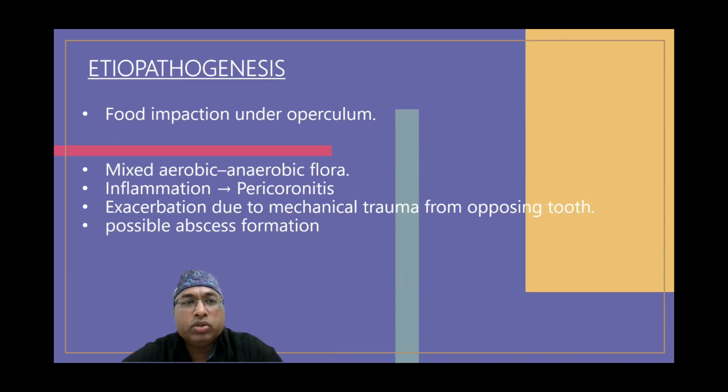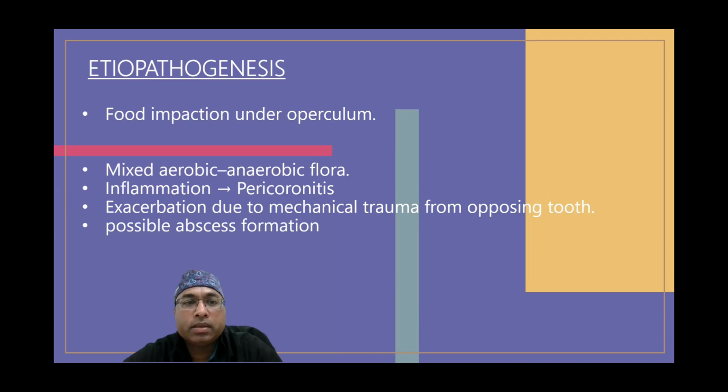The most common source of infection is food impaction under the operculum, where there is food lodgement under the pericoronal flap, the gap that is present between the tooth and the pericoronal flap. The flora is normally a mix, that is a combination of both aerobic and anaerobic bacteria. And when the tissue is inflamed, it leads to a condition known as pericoronitis.